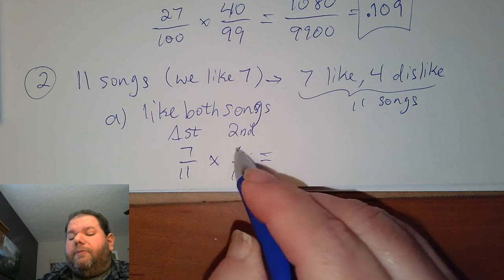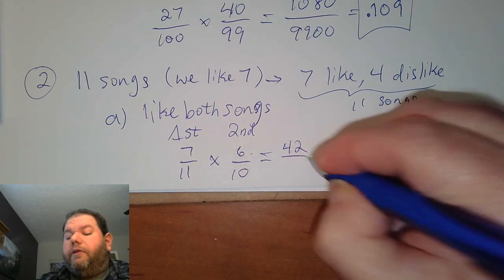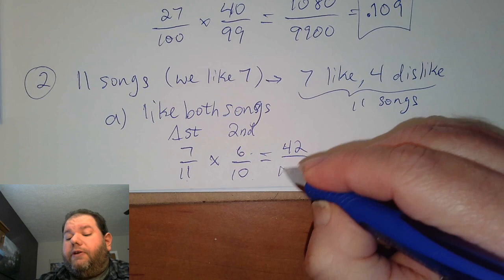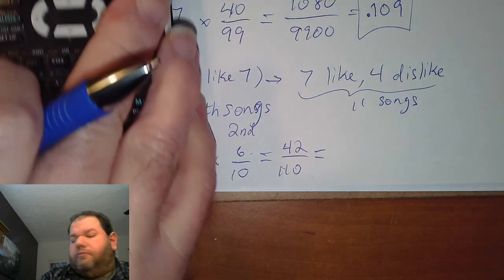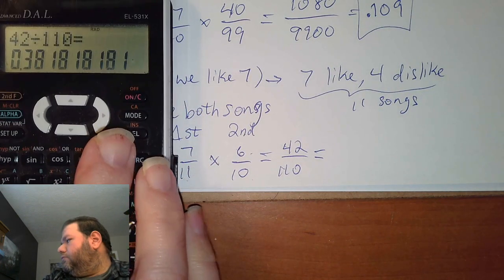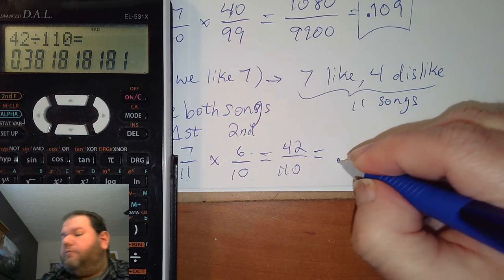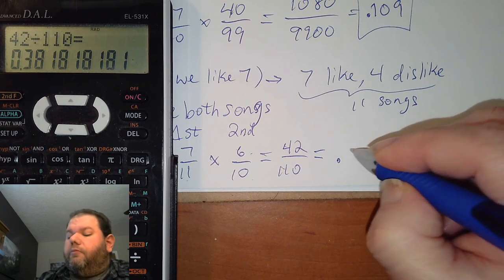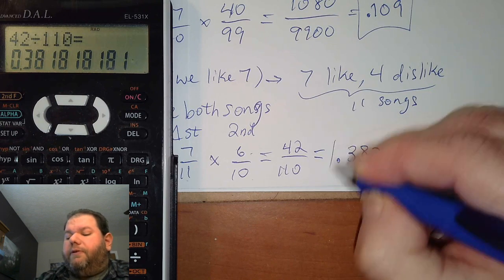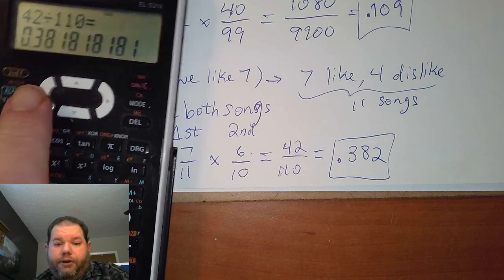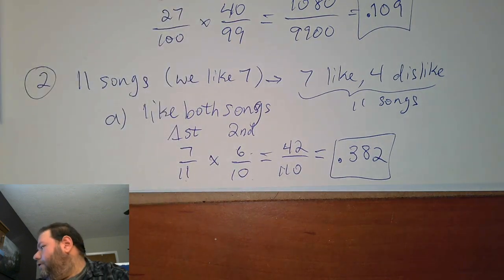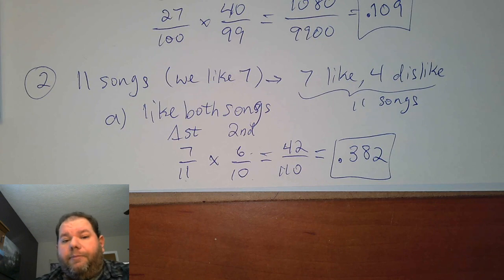Multiplying across, 7 times 6, 42. 11 times 10, 110. And then we'll just divide those together. And again, we round to 3 decimal places. So that makes it 0.382. So not a bad probability that we'll like both of the first 2 songs that we play.